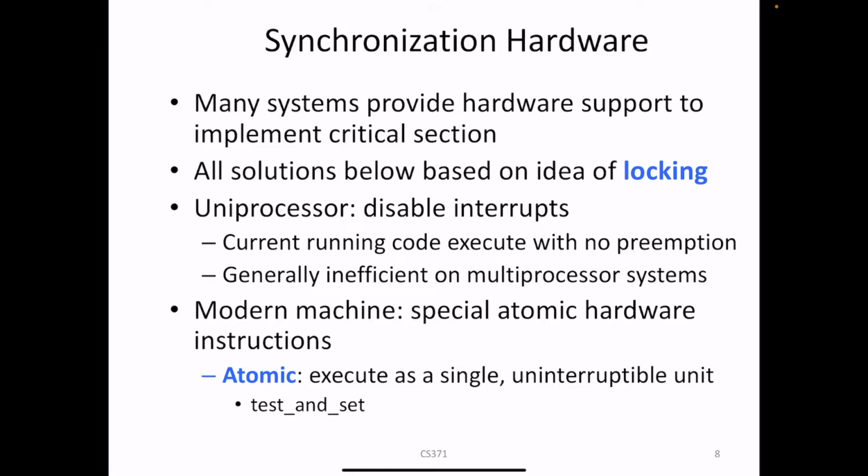Because while this process accesses the shared data, no one else can access the shared data, because no one else can access the CPU as long as this process still wants to stay in the CPU. However, although it can address the critical section problem, in today's computer systems with multiple processors and multiple cores in each processor, simply disabling interrupts can make the system much more inefficient.